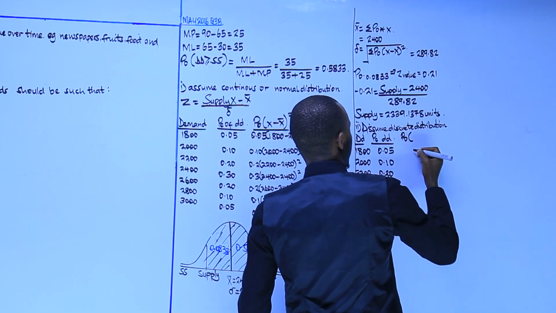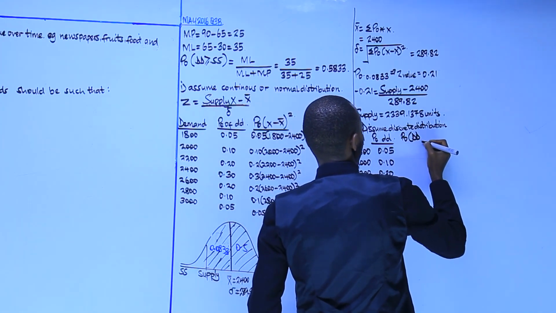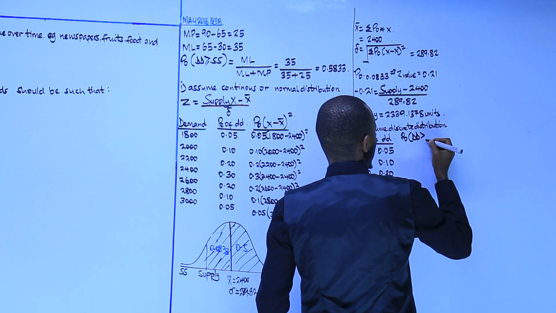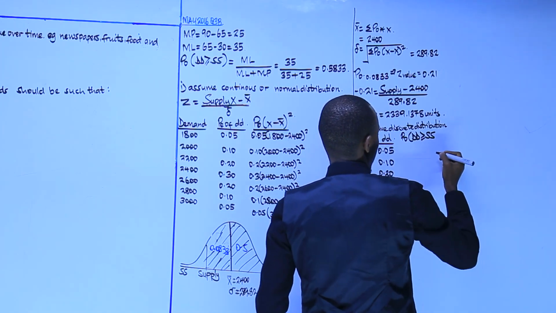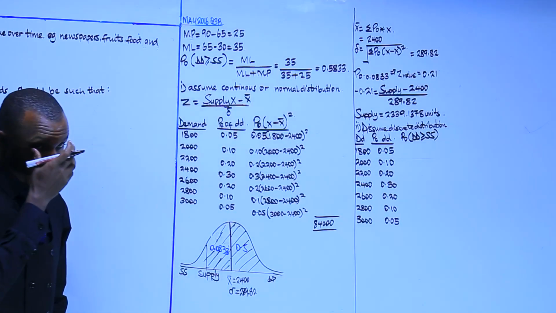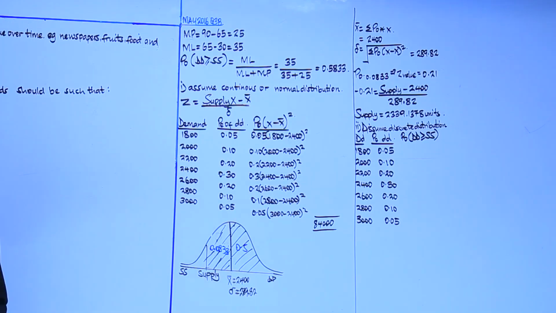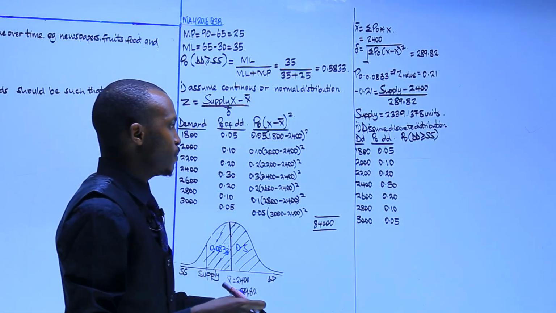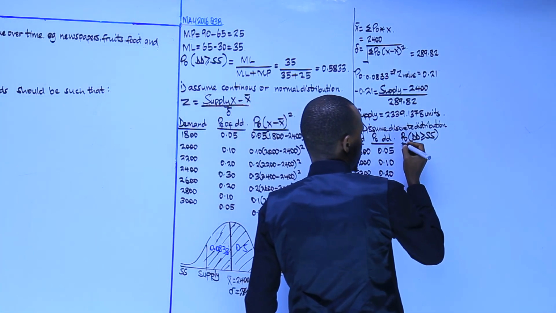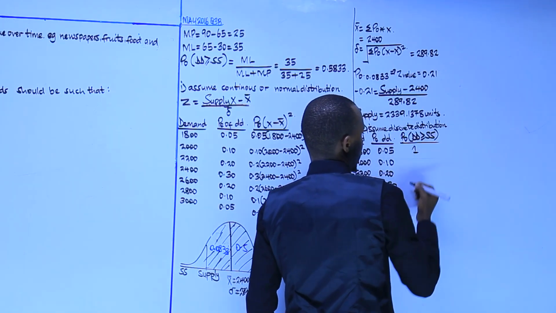the most ideal situation is where your demand is greater than your what? Supply, where your demand is greater than, or equal to, supply. That is the best situation for you, so that will be 1.